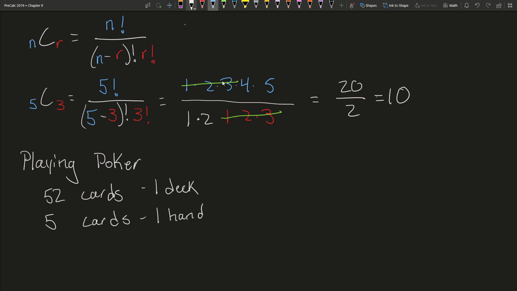So in order to understand how many different hands are possible, and maybe calculating your probability of getting that, we want to choose 5 cards from 52. All right, so in this case, N would be our 52, R would be our 5, and we would do 52 choose 5.